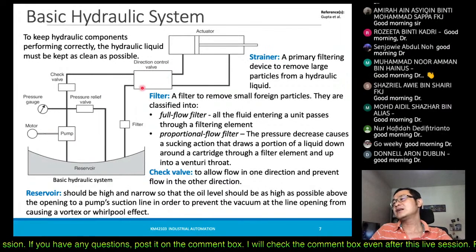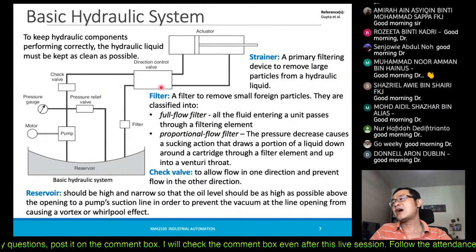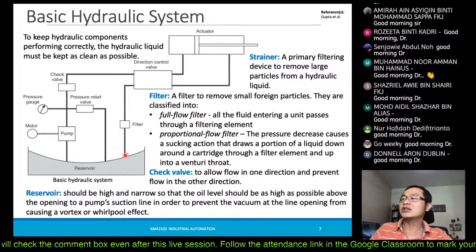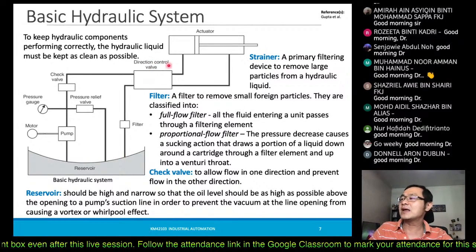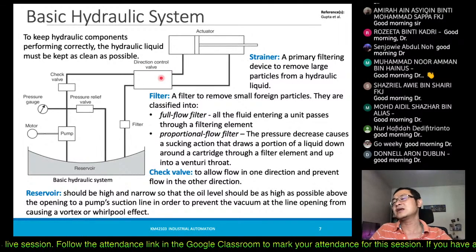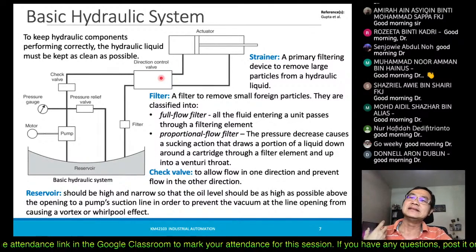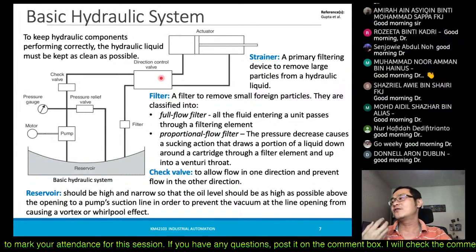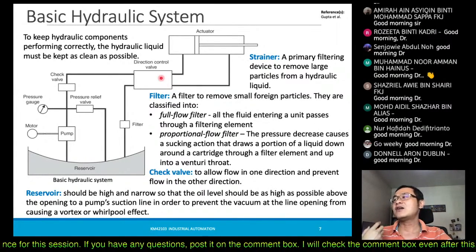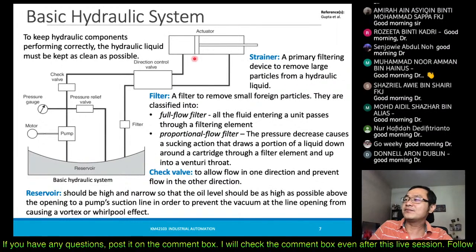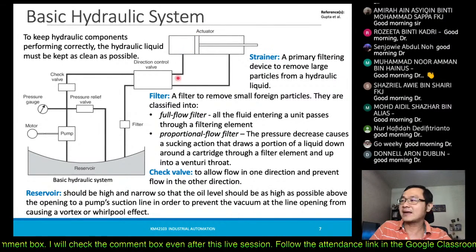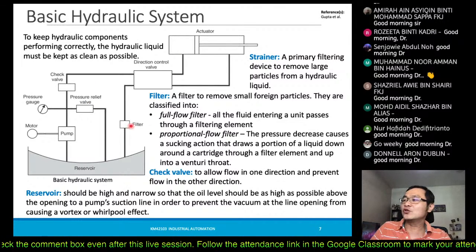Then after going through our valve and equipment, we also want to filter them out, to clean the fluid, because they may have foreign particles due to the movement of the valve or of the pistons itself, where you have debris coming back. So you intend to filter them out.